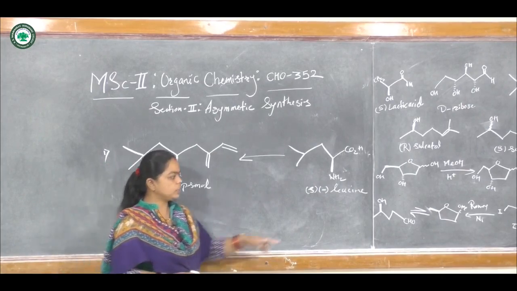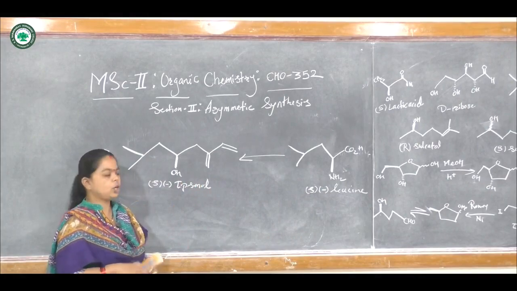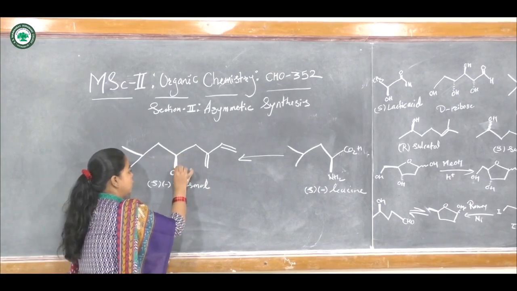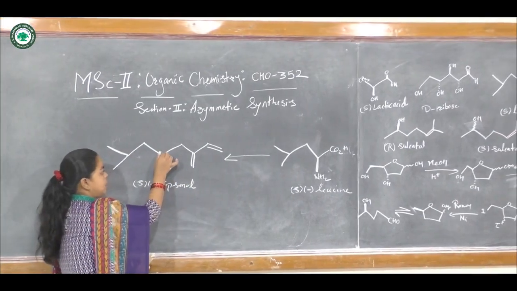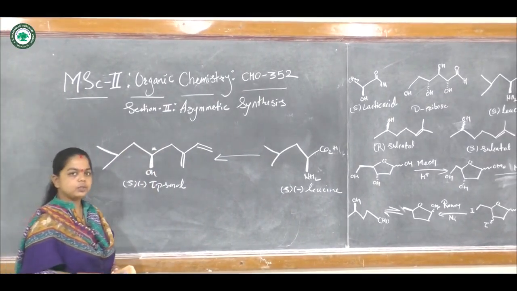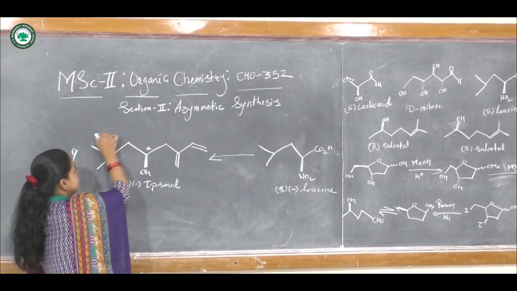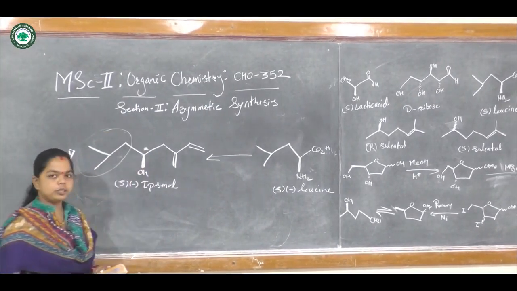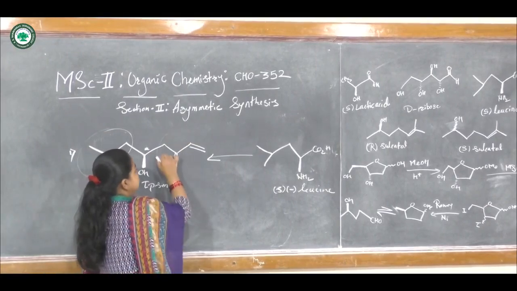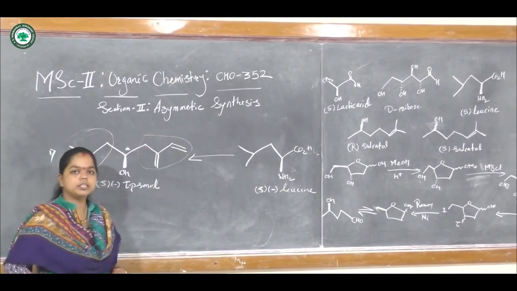Now, why have we taken this S-leucine? Because if we see the structure of the ipsenol, the secondary alcoholic OH group is present on this carbon. This is the chiral center, so it is an optically active compound. At this chiral center, on one side there is an isobutyl group, and on the other side a CH2 group followed by a 1,3-butadiene structure.